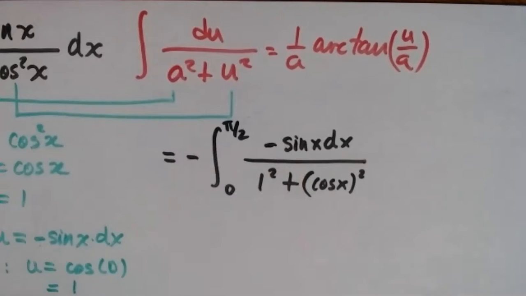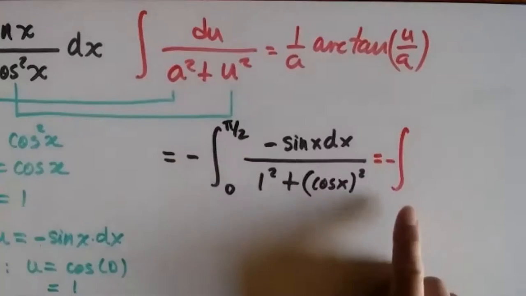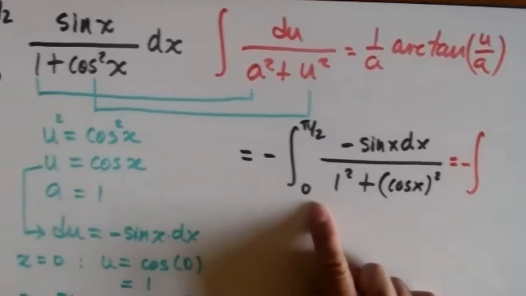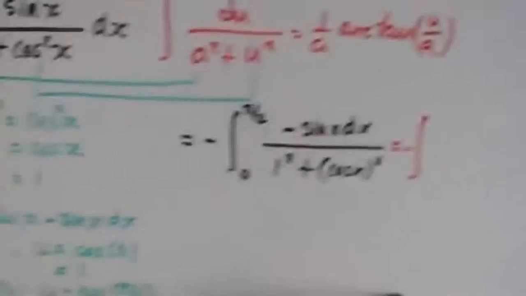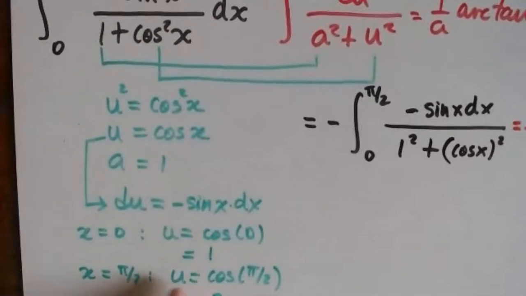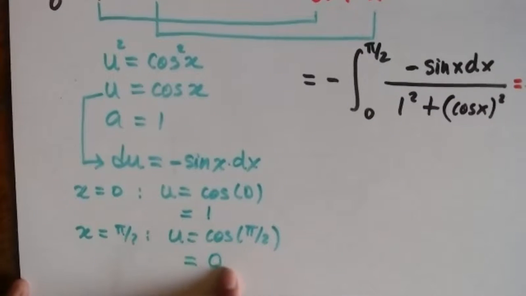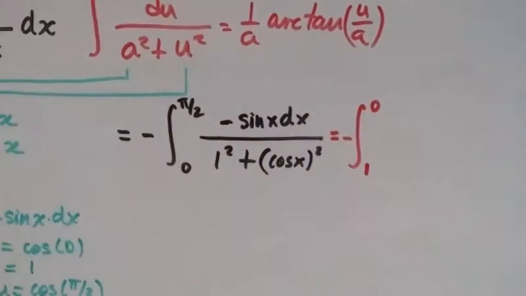So I have, this is going to be the integral negative. Now when the x is 0, the u is 1. So I'm going to put here a 1. And when the x is pi over 2, the u is 0.